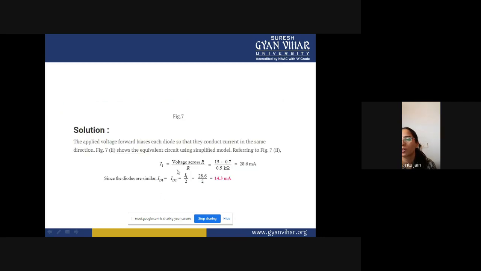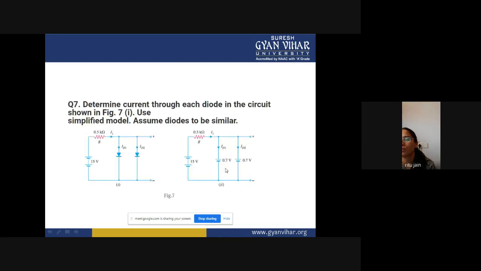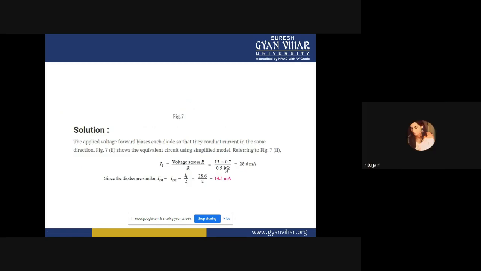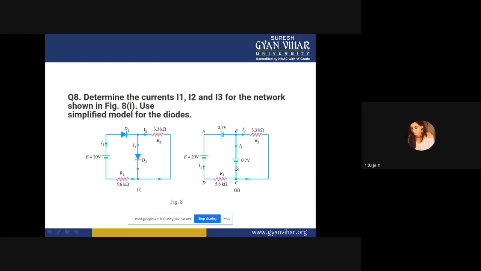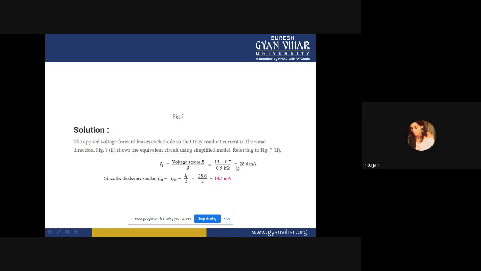So by this equation, 15 minus 0.7 is equal to 0.5 kilo ohm into I1. Okay. So you will get the value of I1, which is equal to 28.6 milliampere.